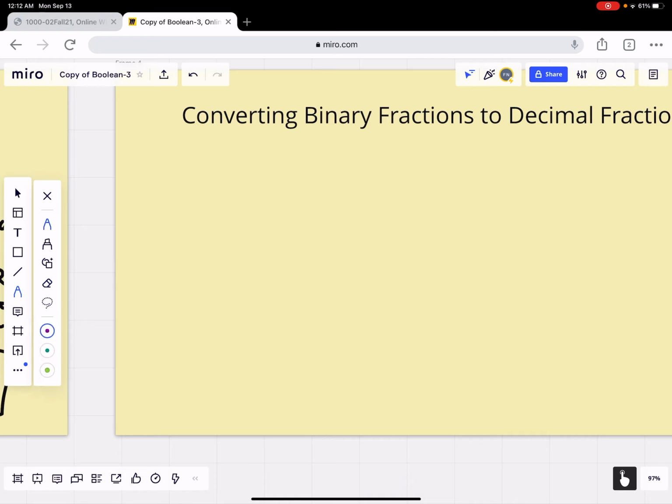So another way of doing this question is I write down 11.101, the binary number, and I want to change it to the decimal fraction.